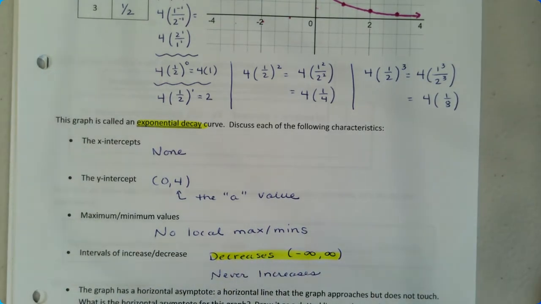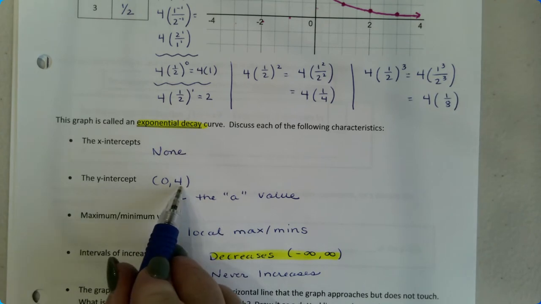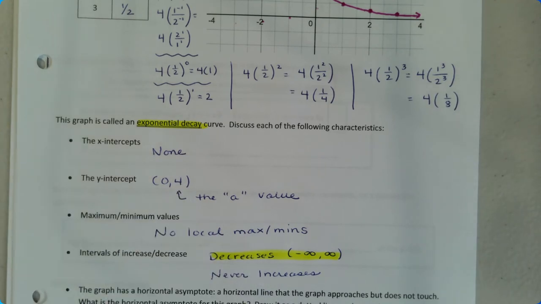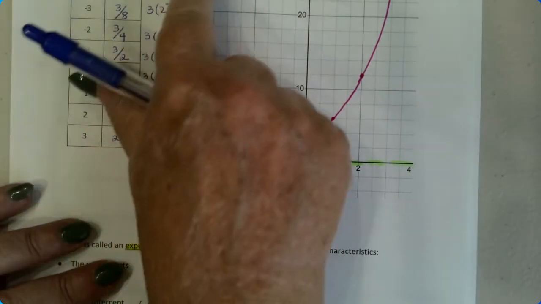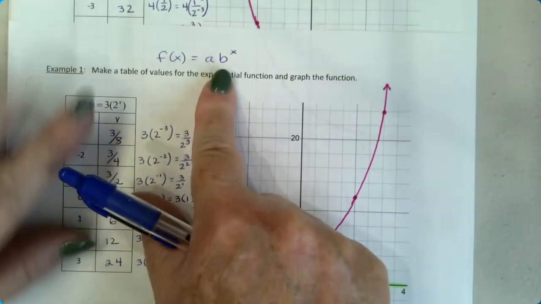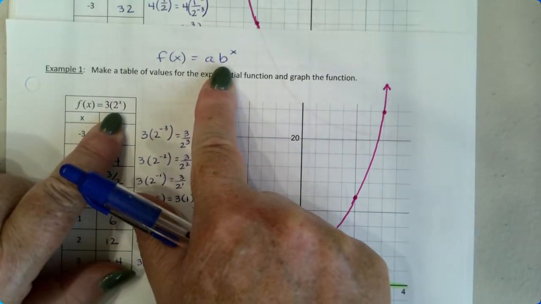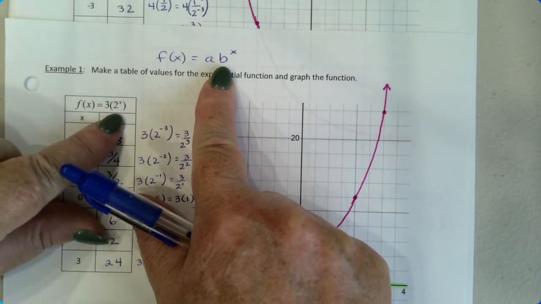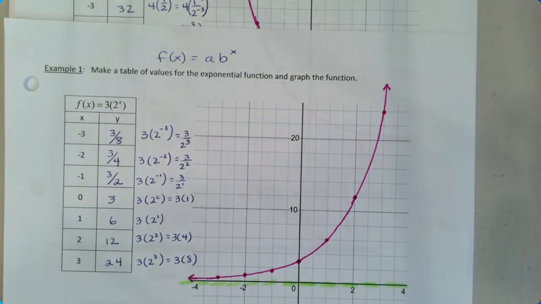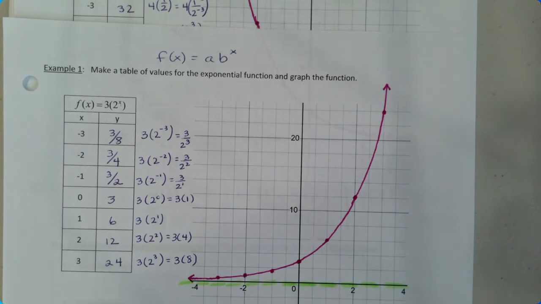We're going to talk about this a little bit more on the next page, but we've already seen that the a value here is what gives us the y-intercept. The b value, the base of these exponential functions, is what determines whether it's a growth curve or a decay curve.